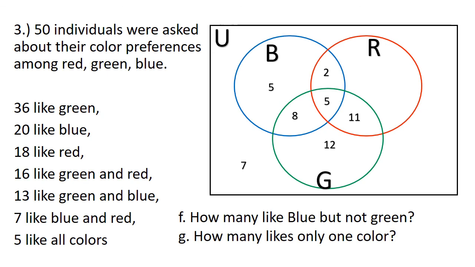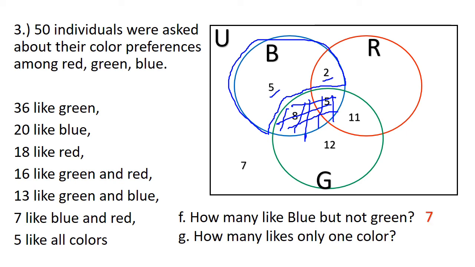Next is letter F. How many like blue but not green? This is the area we are looking for. This is the area of blue, and then we have to remove the area that has green. So this will be excluded. Looking at the values, we have 5 plus 2. So the answer is 7.